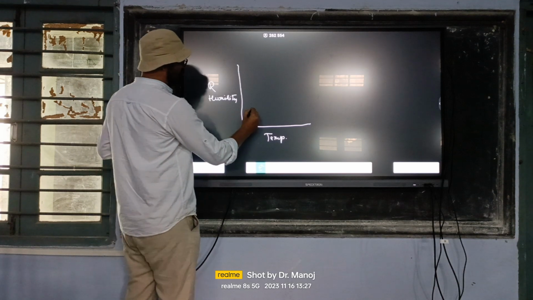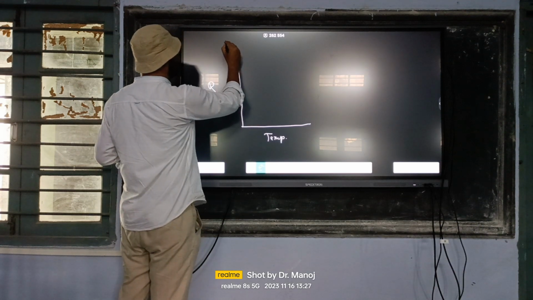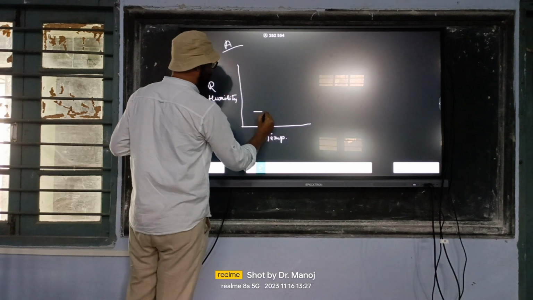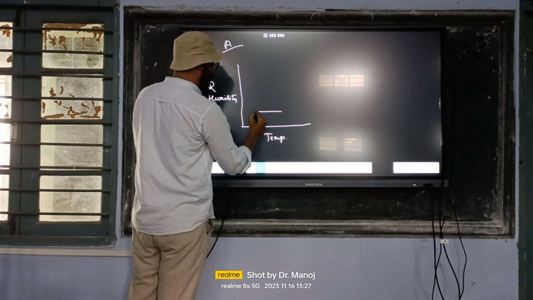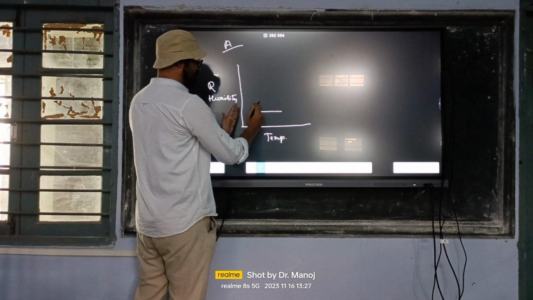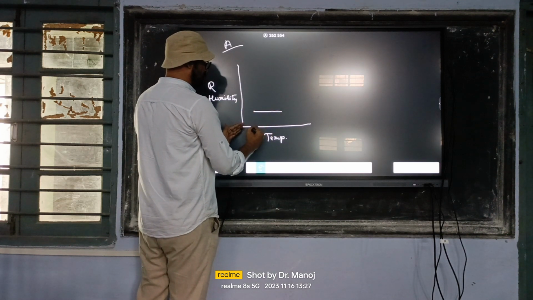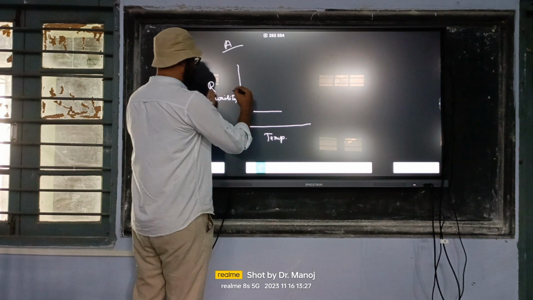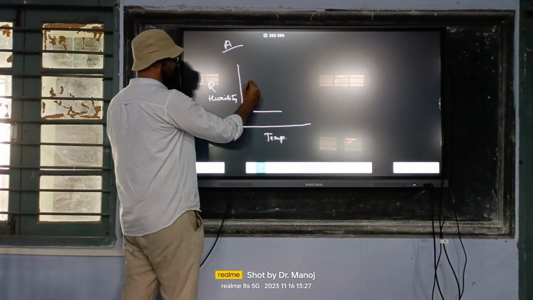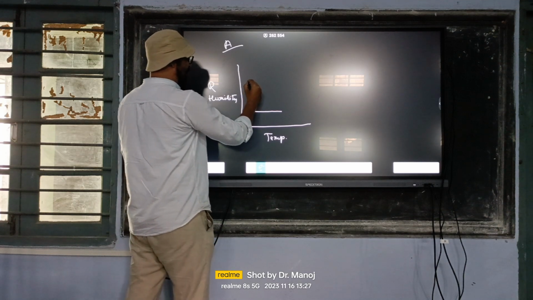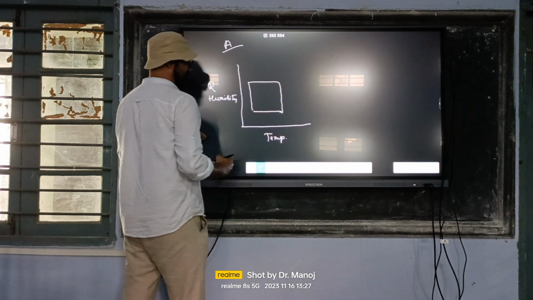A particular organism, suppose species A, will have some range of tolerance against temperature, within this range, minimum and maximum, this is low, this is high, and the same is true for humidity, minimum and maximum. So we will have a box-shaped space.